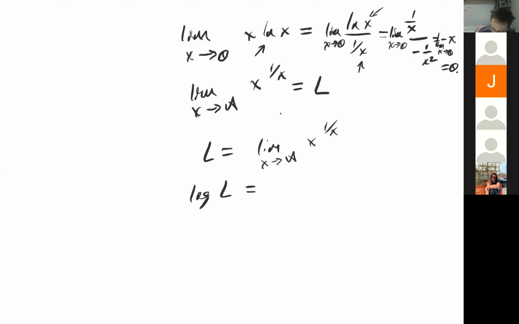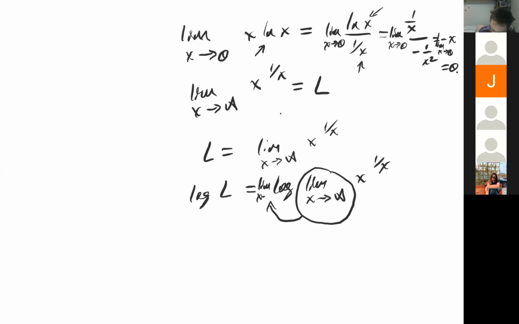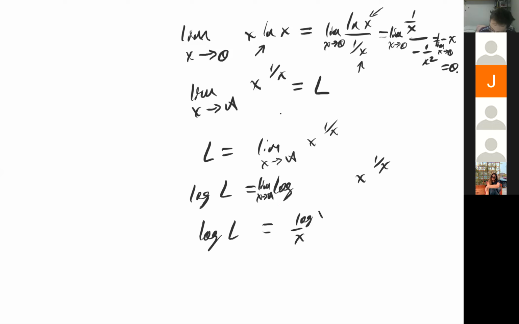So log L is equal to log lim x goes to infinity, x to the 1 over x. And then remember, I think in class you discussed the fact that you can take this from inside the function and put it outside. So lim x goes to infinity, and then you get log L is equal to 1 over x log x.